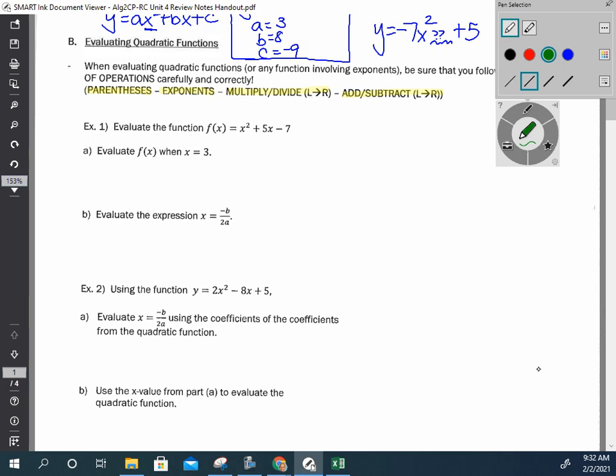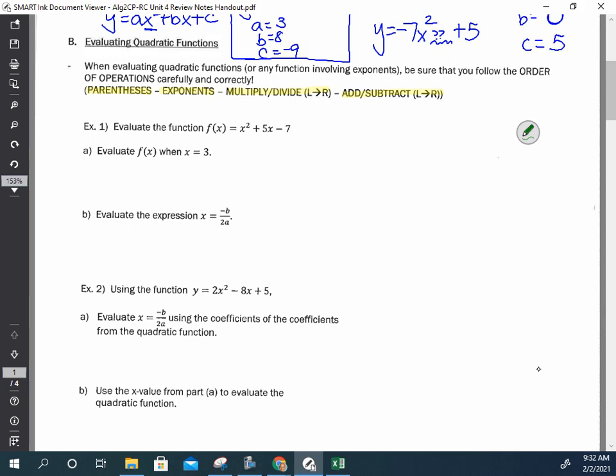So example 1. Evaluate the function f of x equals x squared plus 5x minus 7. Remember, f of x is the same thing as y equals, so we're going to change that to y equals. So we have y equals x squared plus 5x minus 7.